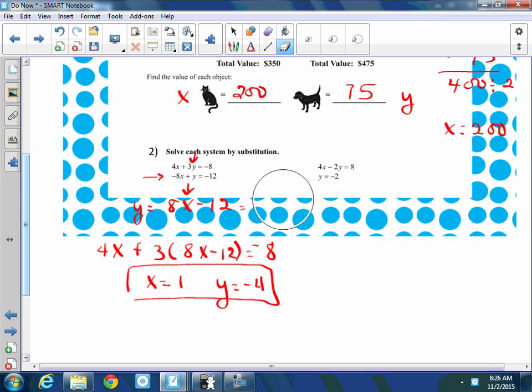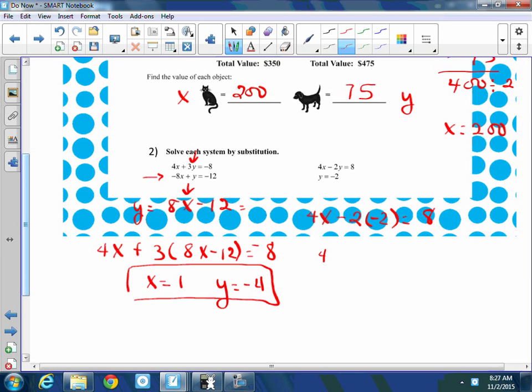All right, let's do the next one real quick because we are taking a little longer today. Oh, this one's really easy. Definitely substitute. All you have to do is plug in that -2 over there, because you already have what y is. All you need is x. So 4x minus 2 times -2 equals 8.